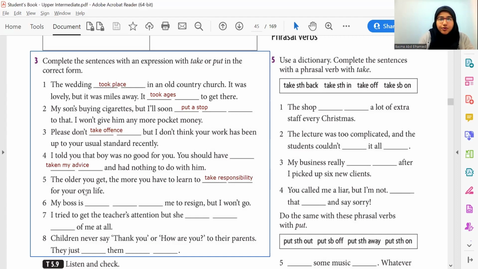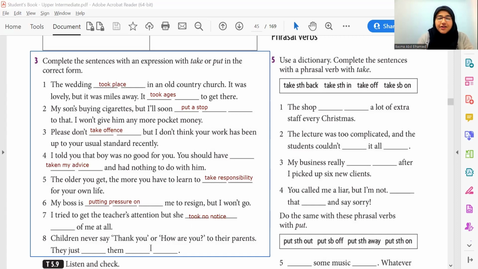Okay, now let's go to number 6. My boss is putting pressure on me to resign. But I won't go. Number 7, I tried to get the teacher's attention, but she took no notice of me at all.